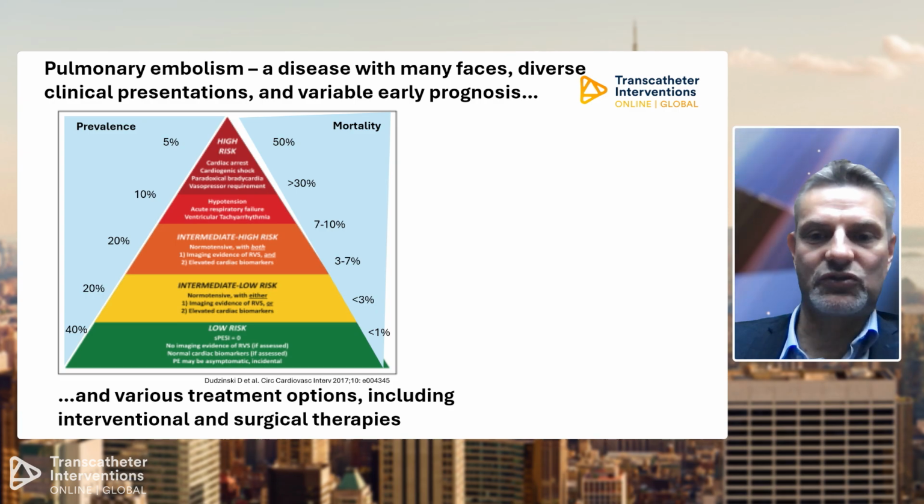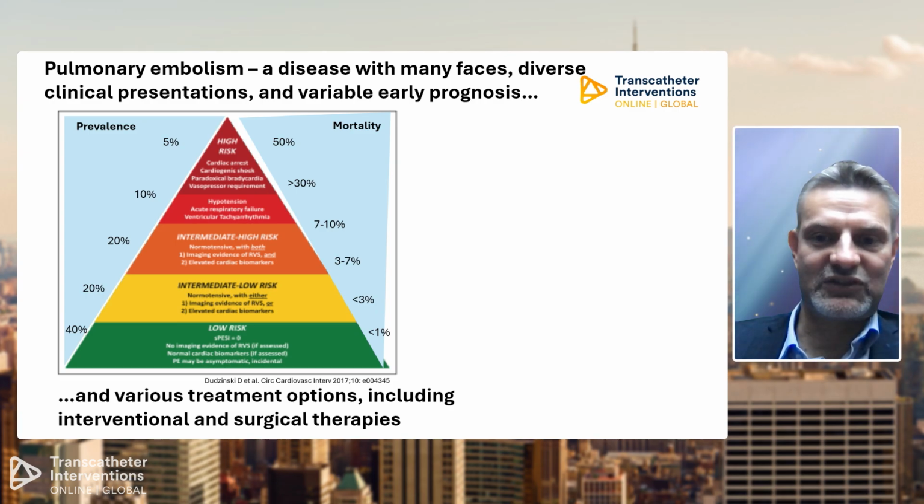The intermediate-high-risk group is the most complicated group, in my opinion. These are patients who are still normotensive.